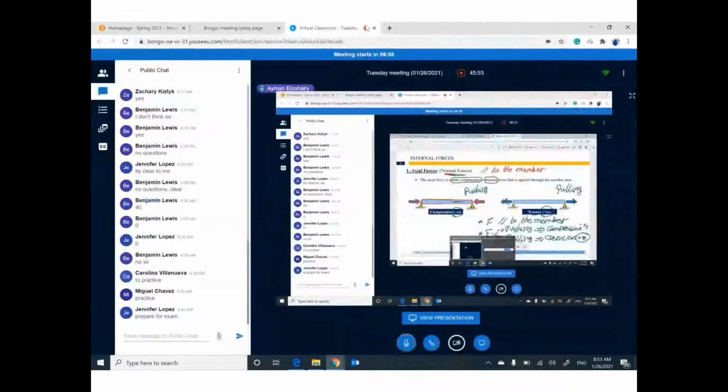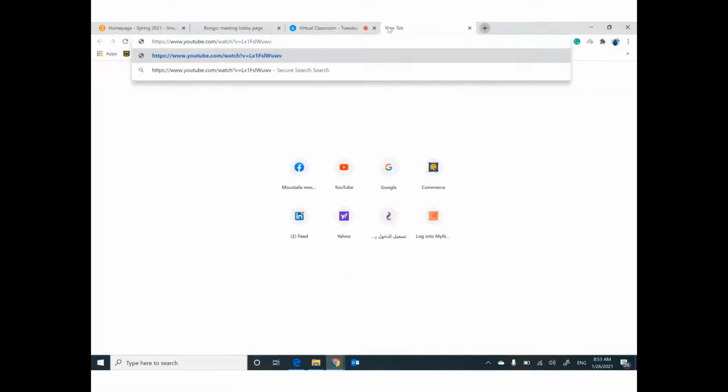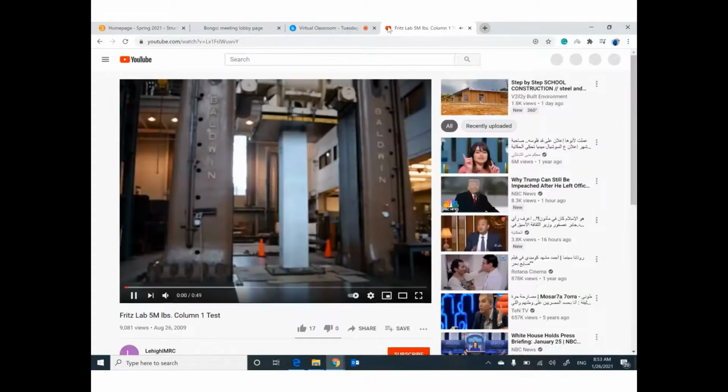Video for compression. This column is under the effect of compression. This head is trying to push this vertical column.